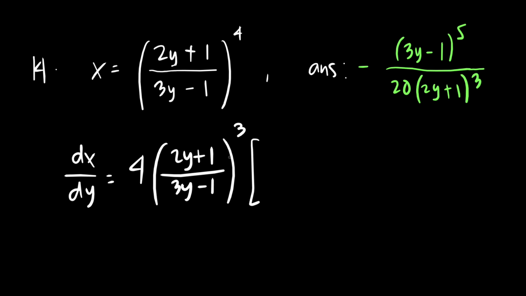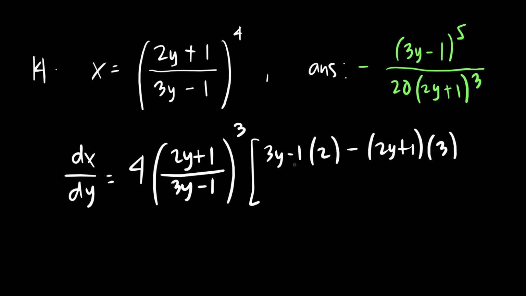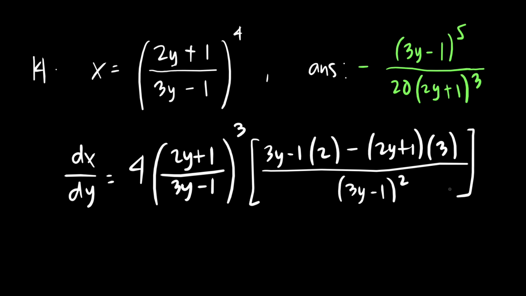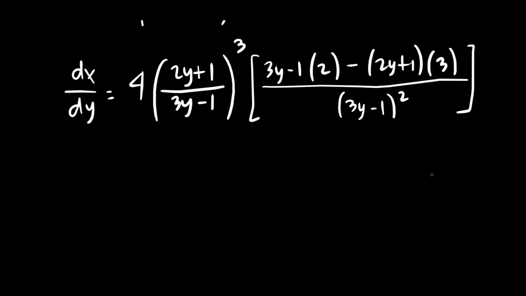So the derivative inside is 3y minus 1 multiplied by 2, minus, so copy, 2y plus 1. So the derivative of the denominator is 3, all over 3y minus 1 squared. So after this one, we'll simplify further.